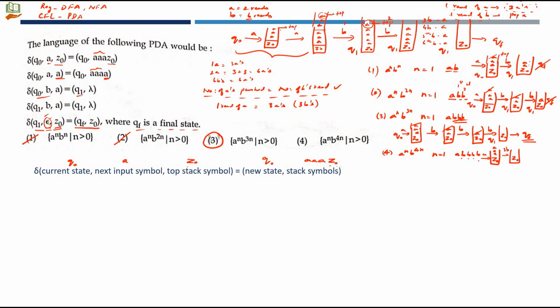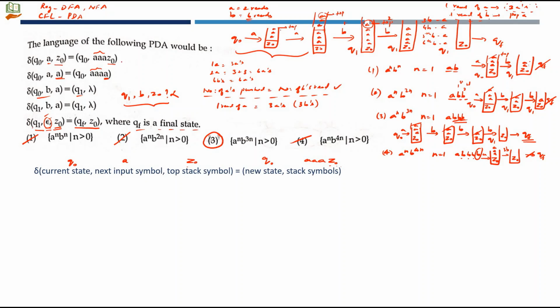Still we have one more input, which is the last B. Q1 is there, B is there and Z0 is there. Do we have any such transition? No. Since we don't have such a transition, it means this is also not going to go to the final state. This way also we can say option number 4 is wrong.